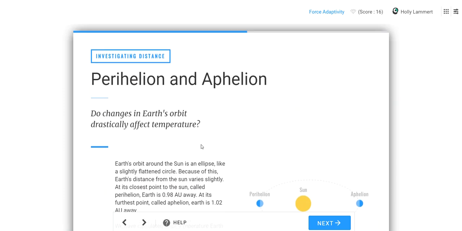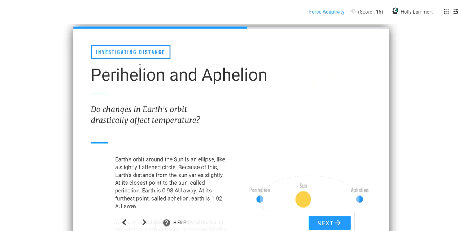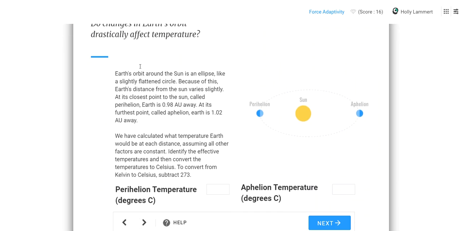All right, here we are talking about the perihelion and the aphelion. Earth's orbit around the sun is an ellipse, like a slightly flattened circle. Because of this, Earth's distance from the sun varies slightly. At its closest point to the sun, called the perihelion, Earth is 0.98 AU, or astronomical units, away.